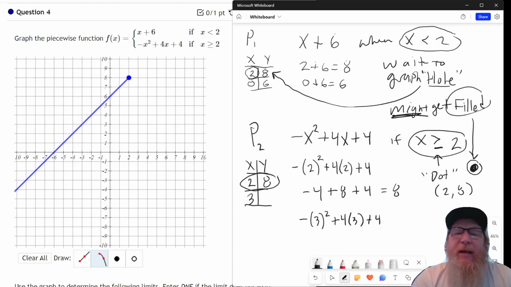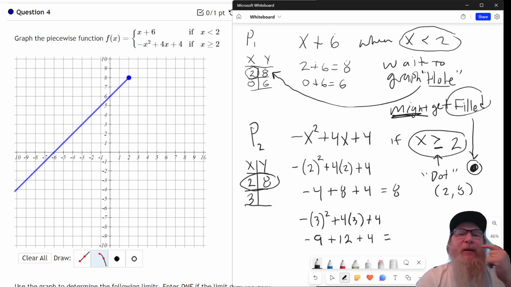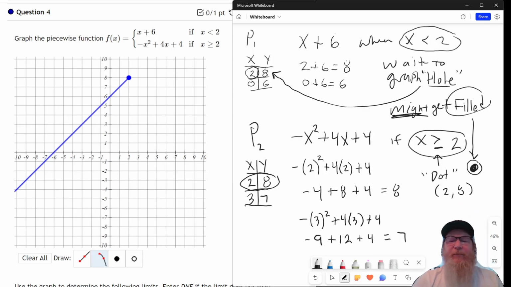If the parabola was a little more exotic or complicated, had fractions or decimals or something, I might need to be more careful about what I pick. But this is a pretty tame parabola here. So what do I get? 7? So 3 comma 7.